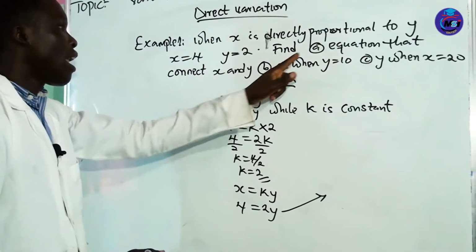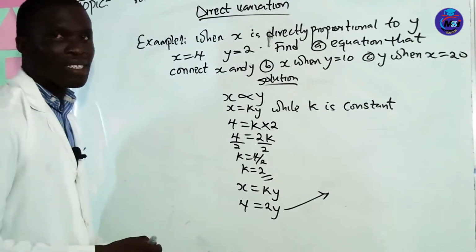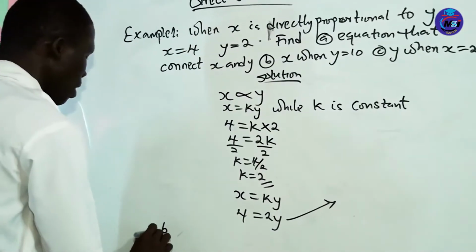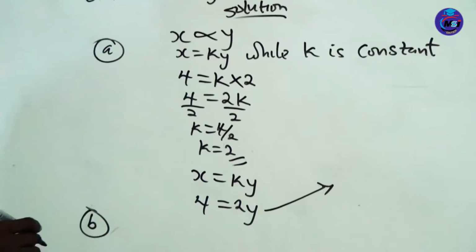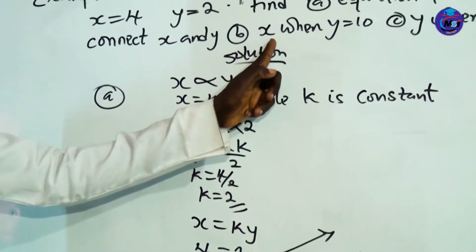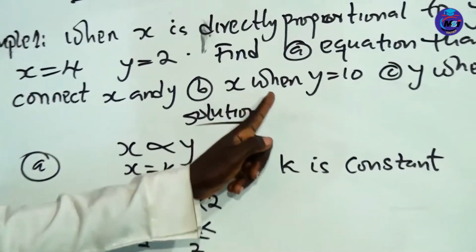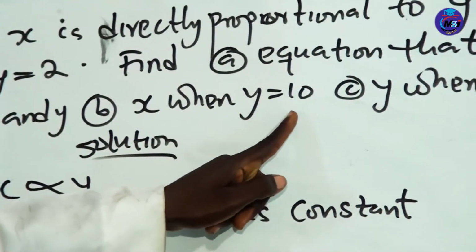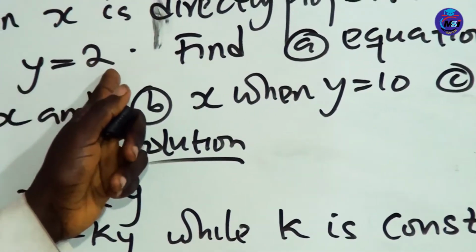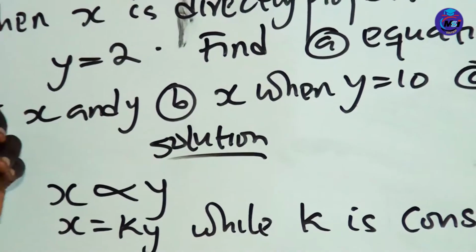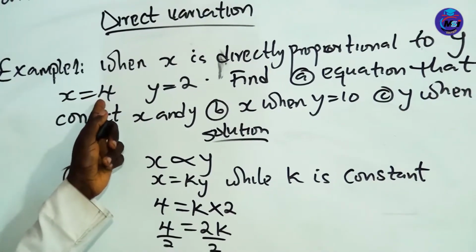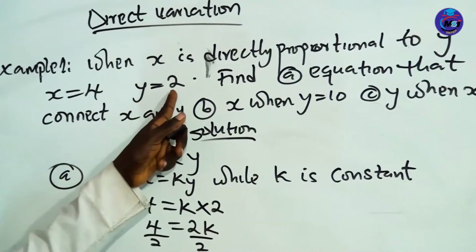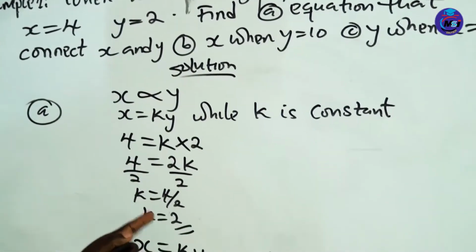Now we want to solve the b part of it. We want to find x when y equals 10. Y is no more 2 and x is no more 4. You don't have anything to do with x equals 4 and y equals 2 again once you find your k.